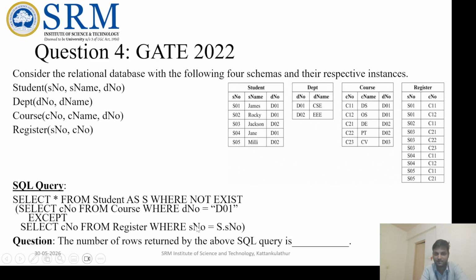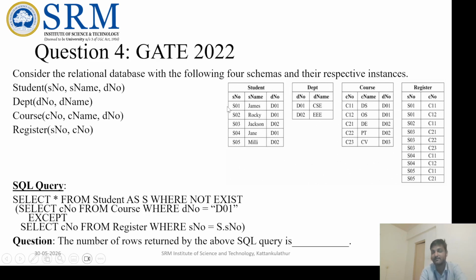Here this S number is from the register relation, and S dot S number is the same attribute but from the student relation S. Okay. So whenever the outer query fetches the first row, the information will go to the inner query, so we have to check step by step for each and every row.